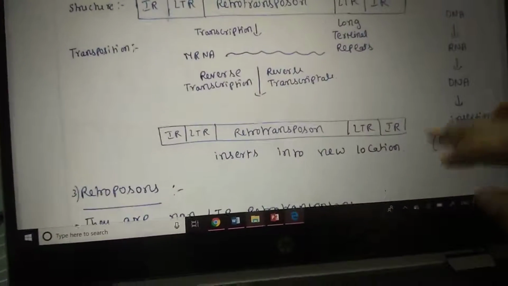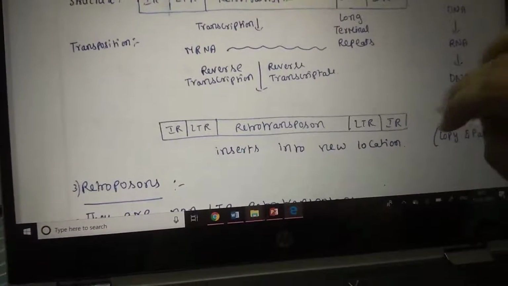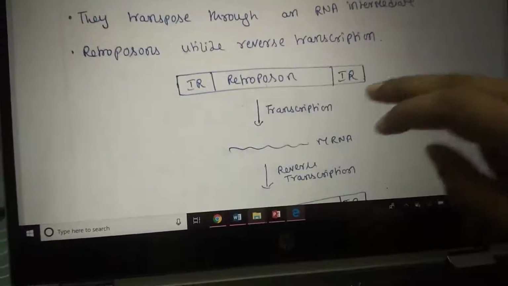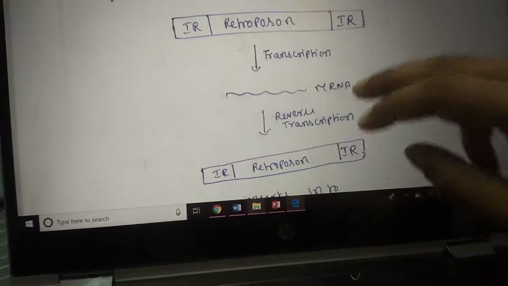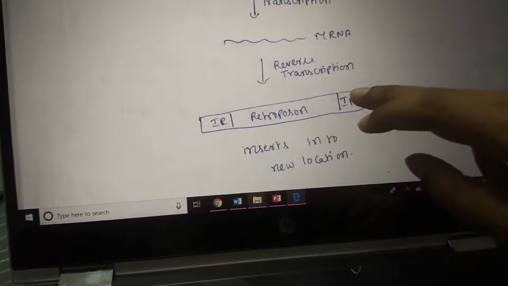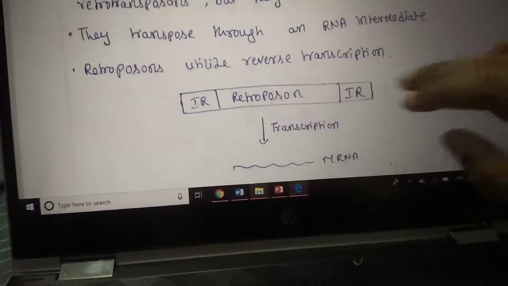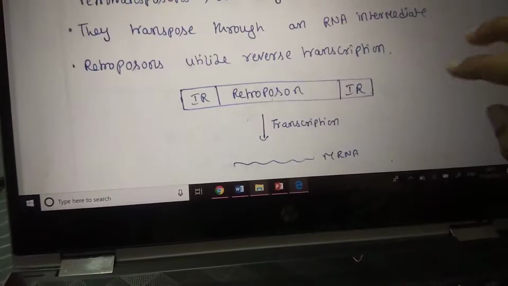If you see the structure here, retrotransposon will have LTR and IR and is transported via an RNA intermediate. Retroposon is also transported via an RNA intermediate, that is transcription, reverse transcription, and then DNA, and this DNA will be inserted into a new location, but the difference is the structure. LTR is absent and only the inverted sequence will be present.